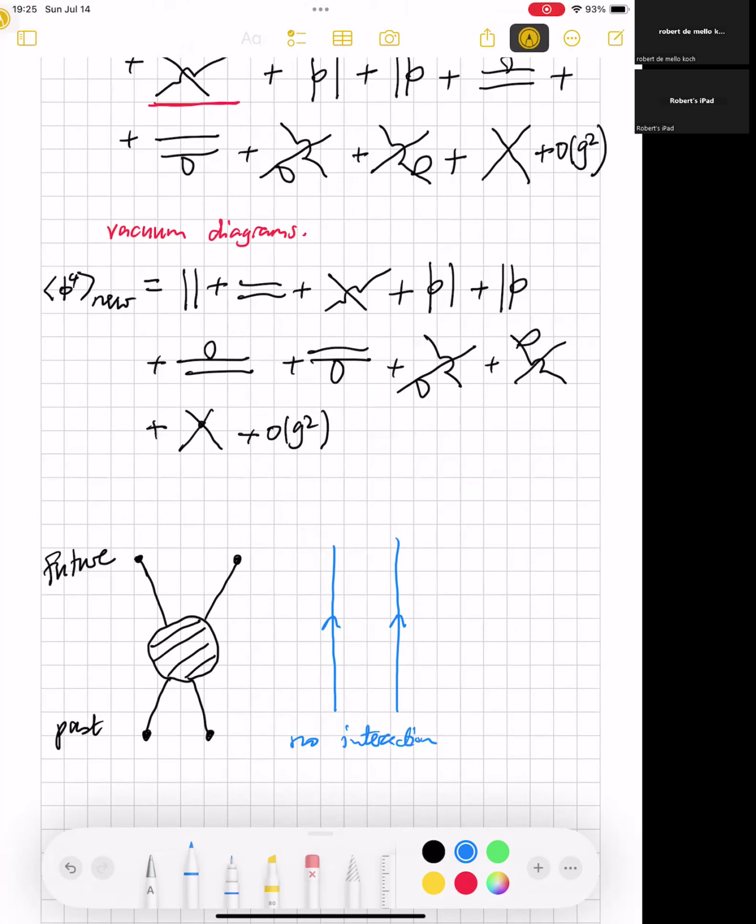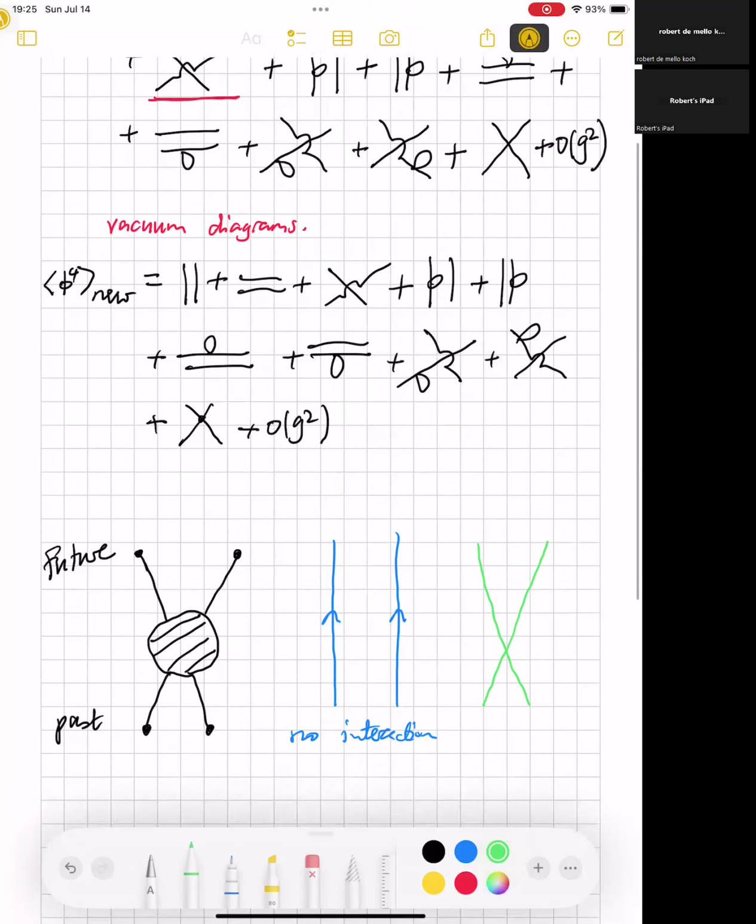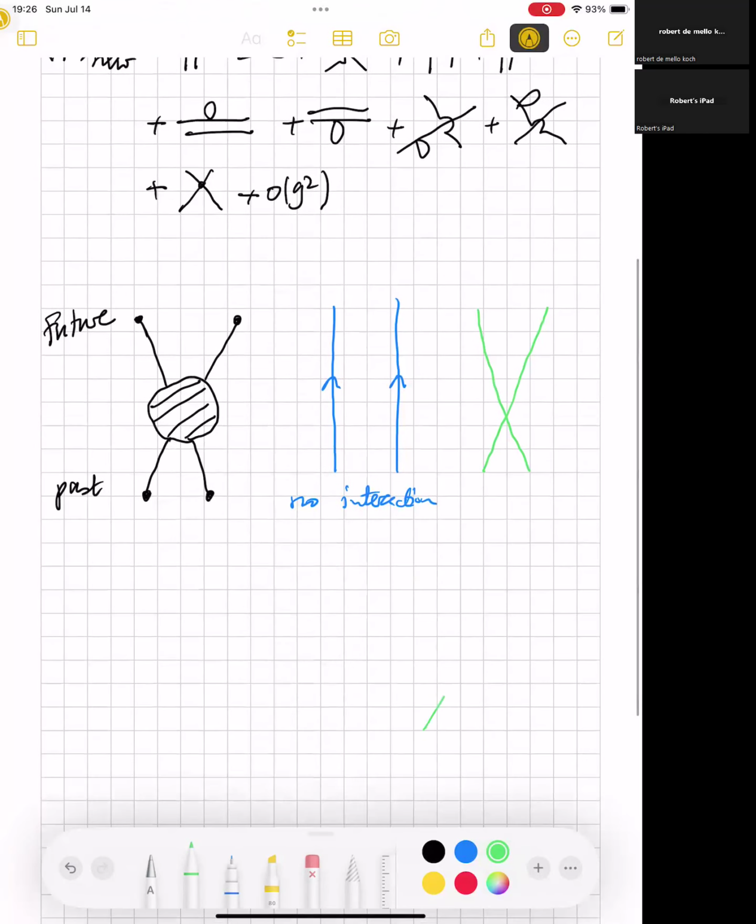And there will be many terms like that where there's no interaction. The other possibility, which I'm drawing in green now, is when the two particles do scatter off of each other and they continue to infinity. And this, of course, is not the only thing that they could do. They might scatter, then scatter a second time, then continue, or they might scatter a total of two times and continue.